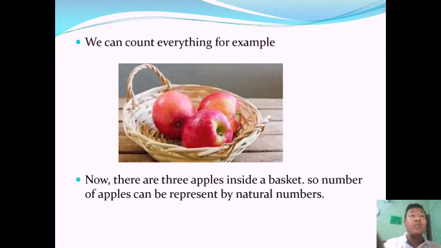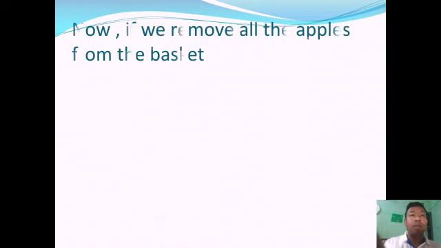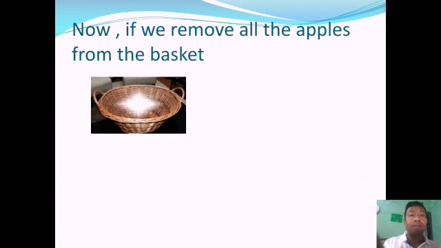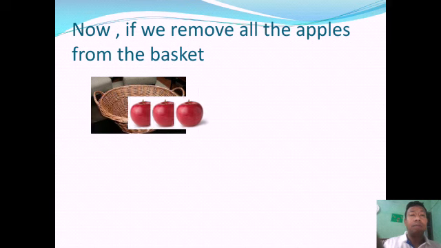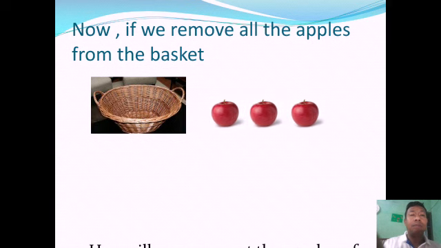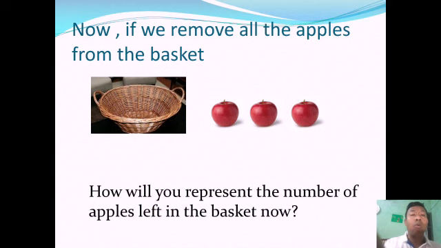We can count everything, for example, if there are 3 apples inside a basket, the number of apples can be represented by a natural number. Now, if we remove all the apples from the basket, how will you represent the number of apples left in the basket now?